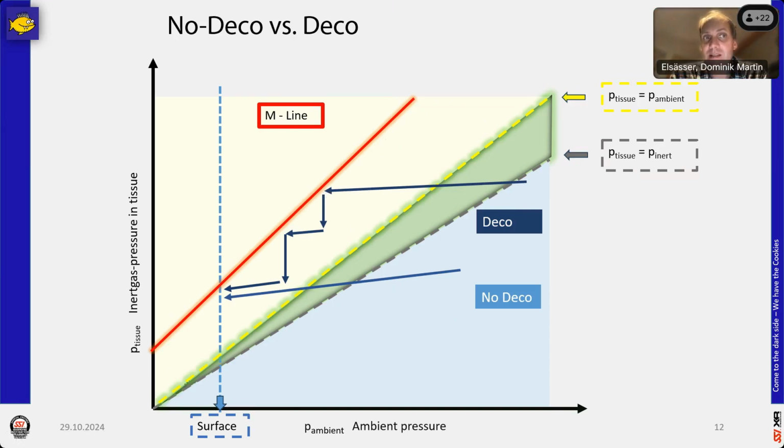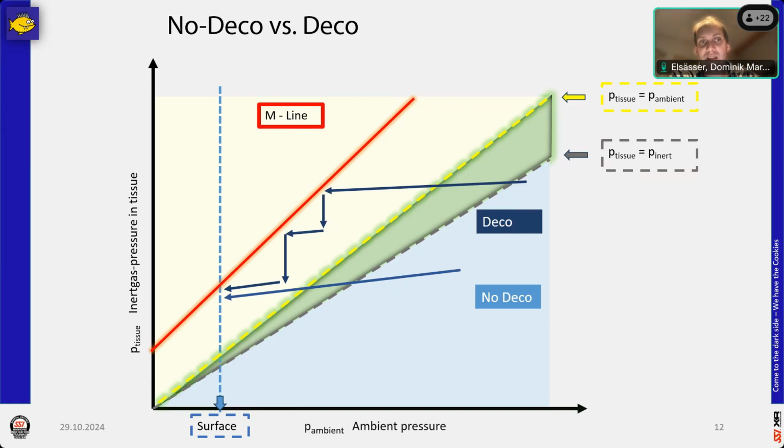And that means at the latest, when during an ascent the first tissue reaches its M line, then we would say, okay, let's stop. And stop means in this plot, we do not move further to the left. We do not decrease pressure further, but we wait. And waiting means, well, the tissue has time to off-gas, so the arrow moves down.